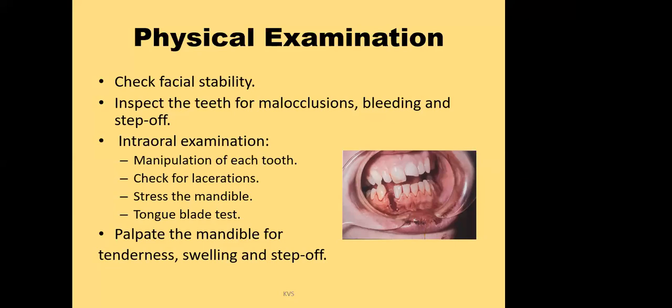When you do intraoral examination, you can check each tooth individually, because you may make assumptions, then you find a single tooth which was involved in the trauma. Maybe the force landed on it, it may be dislodged, it may be mobile, or even it may be fractured. So it helps to simply run your gloved hands on the teeth.